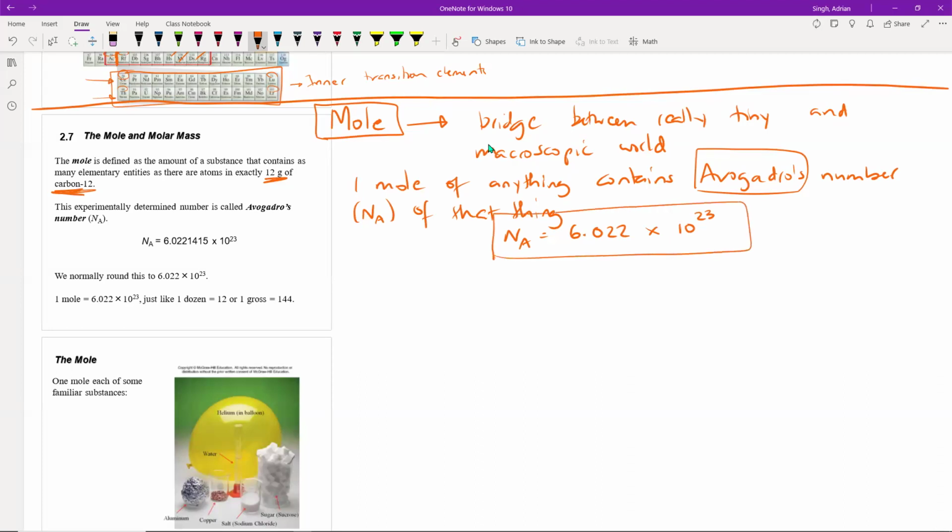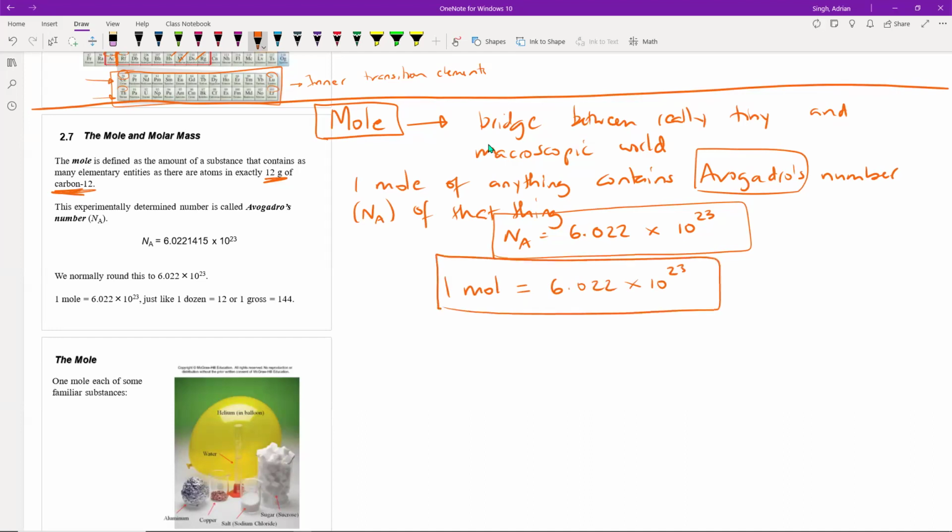And if you think about it, it kind of makes sense. If you have really tiny things like atoms, you're going to need a lot of them to make up the amounts you can see and measure out. So we can come up with an equality to relate these two terms. 1 mole of anything is equal to 6.022 times 10 to the 23 of that thing.